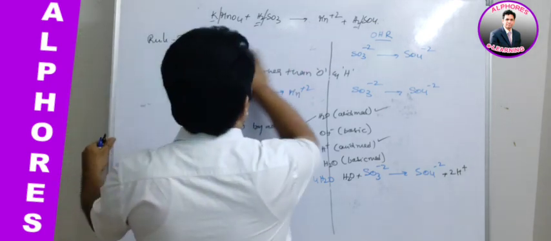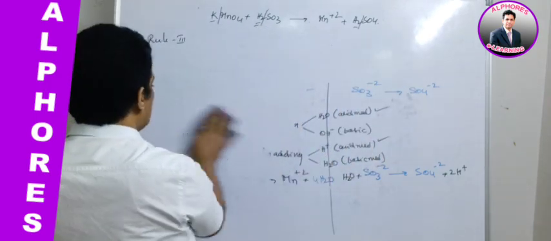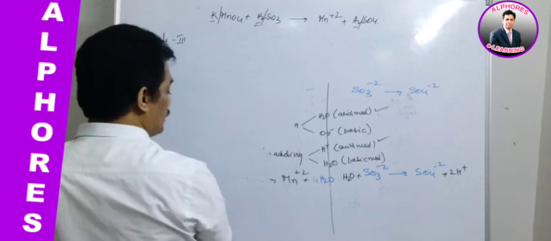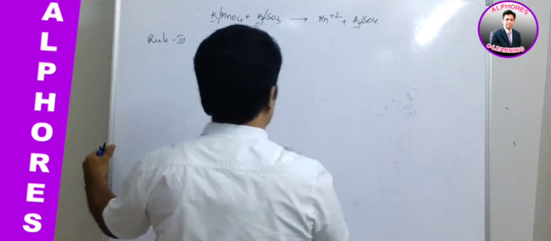And now let me go for rule number 3. One more step is there, that is step 3 of rule 3, somewhat confusing part: balancing the charge in the two half reactions.